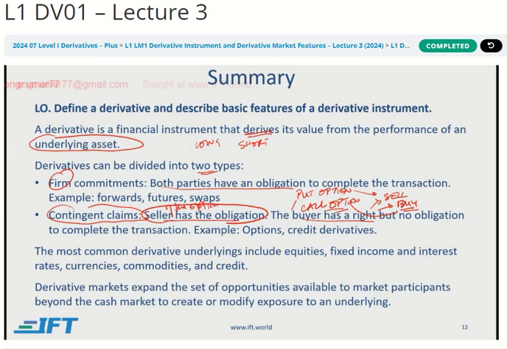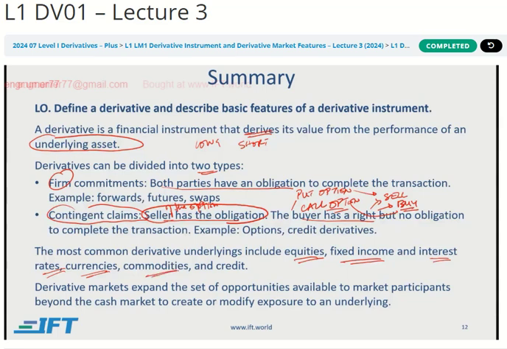Okay, most common derivative underlying include stocks or equities, bonds or fixed income, interest rate. If you're worried interest rate might go up, you could get into an interest rate swap. You could get into a future currency exchange where you give dollars and get euros, or give Mexican peso and get dollars.